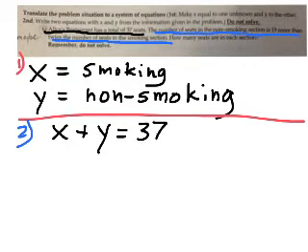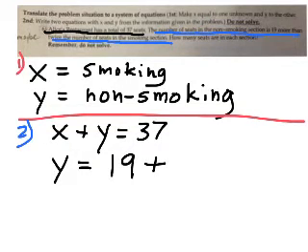The number of seats in the non-smoking section, y, equals 19 more than twice the number of seats in the smoking section. So plus 2 times our smoking section, which is x. Okay, so there are our two equations.